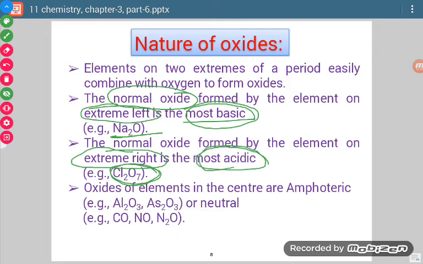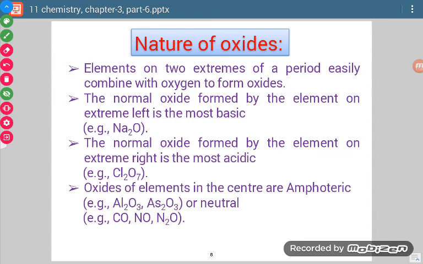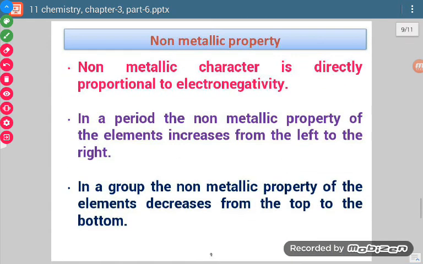Now the elements present in the middle of the periodic table form either amphoteric oxides or neutral oxides. Just like aluminium oxide is amphoteric in nature, and carbon monoxide or nitric oxide are neutral in nature.